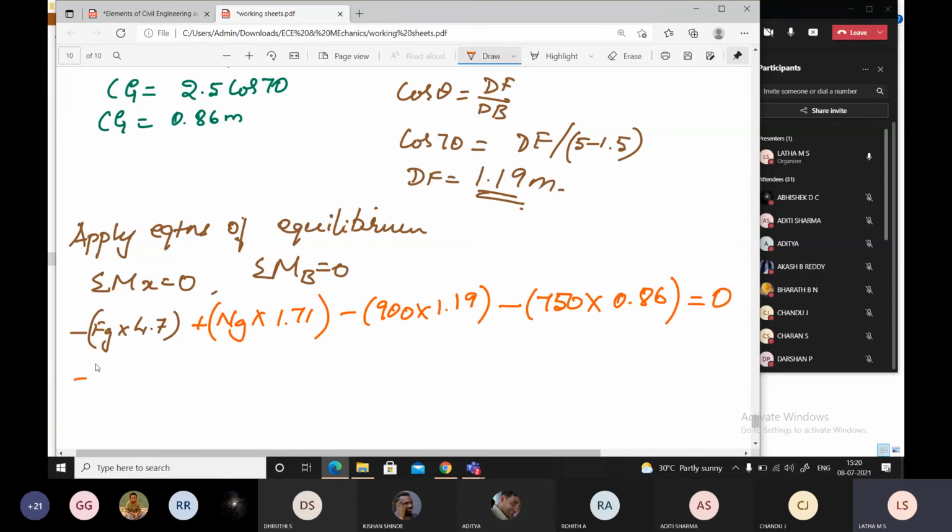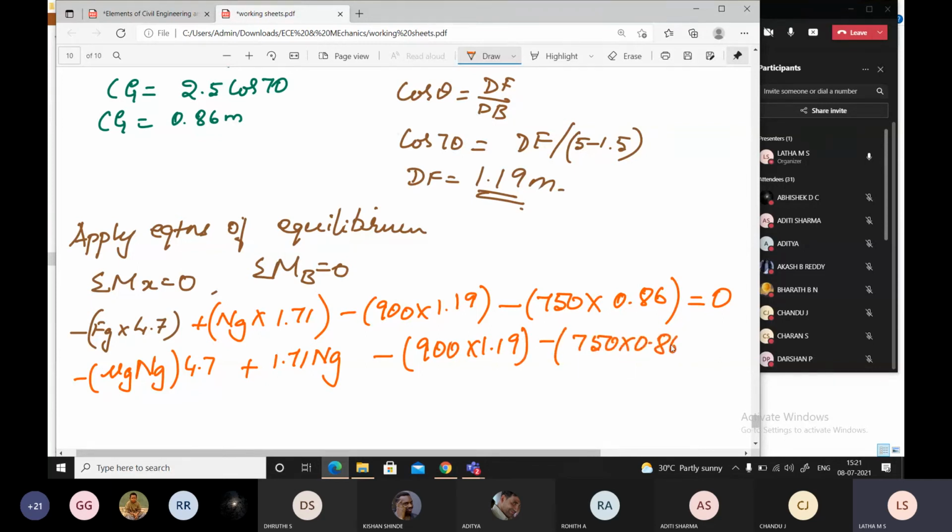FG I can substitute as mu g into NG, into 4.7, plus 1.71 NG, minus 900 into 1.19, minus 750 into 0.86. That was the equation.